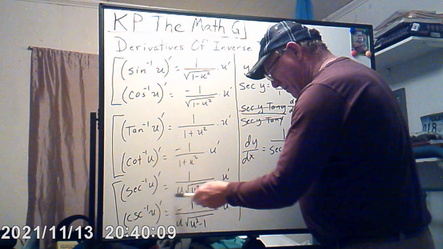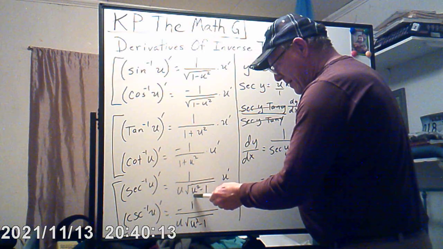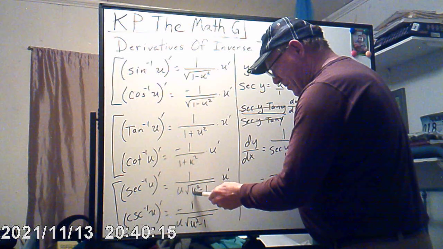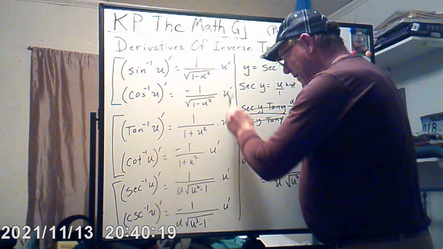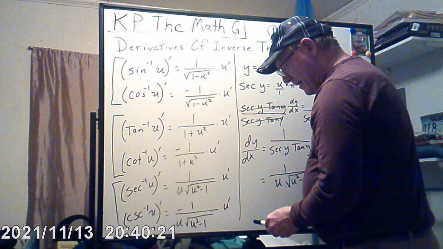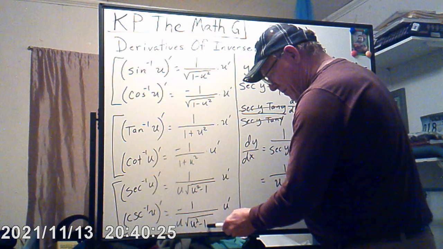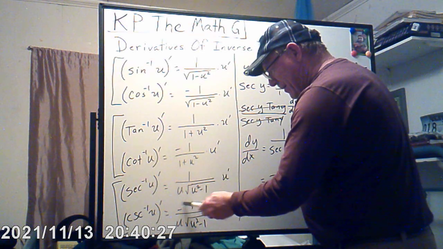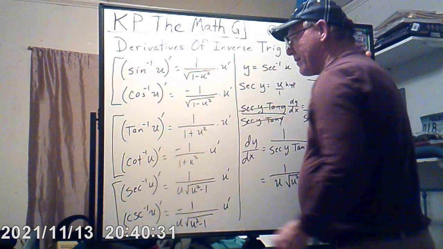I just memorize. I have a u, and we'll start off with a u squared in here. So u squared minus square root of u squared minus 1, and then all of these have the u prime at the end. And same thing here, u square root of u squared minus 1, again negative 1 here. So negative for all the c's, and you notice that right there.